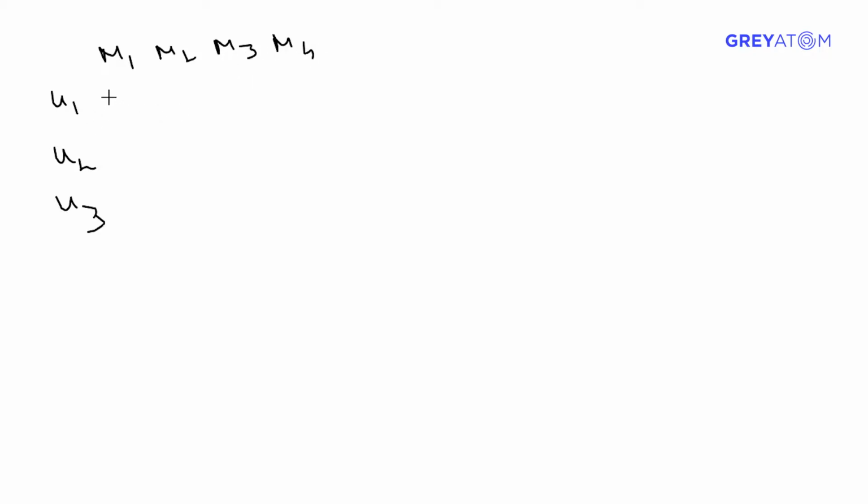And then what you're going to do is, say, this is the kind of matrix that you now have.